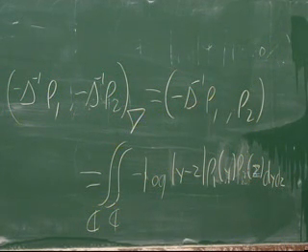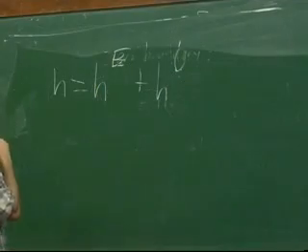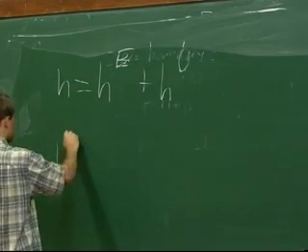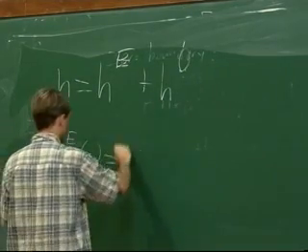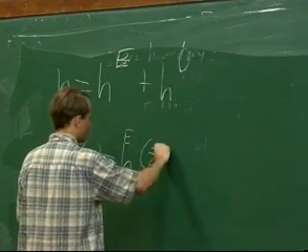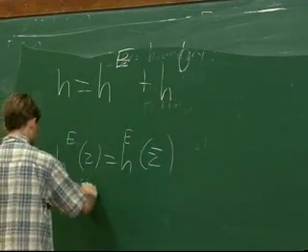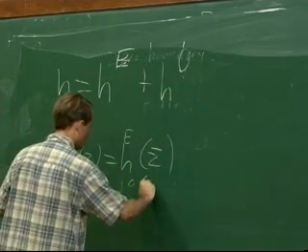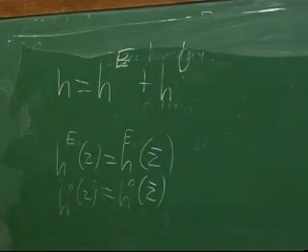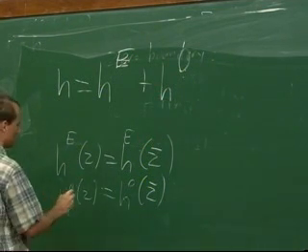So I'm going to write this field H as H even plus H odd, and even means H even of Z equals H even of Z bar, and H odd of Z is equal to minus H odd of Z bar.